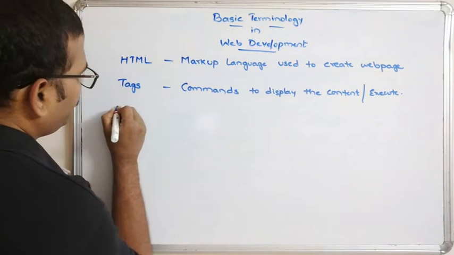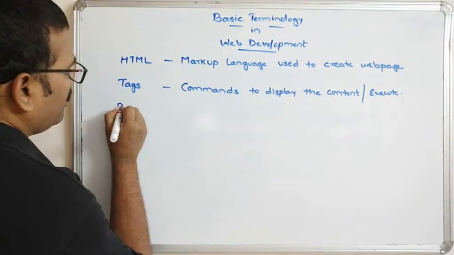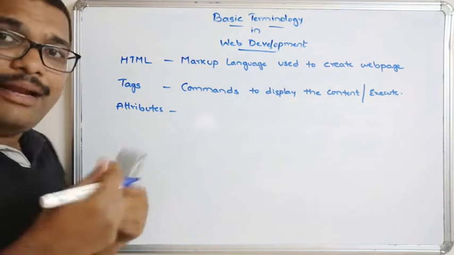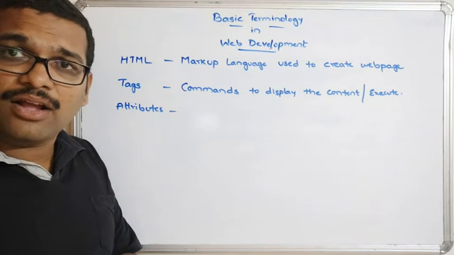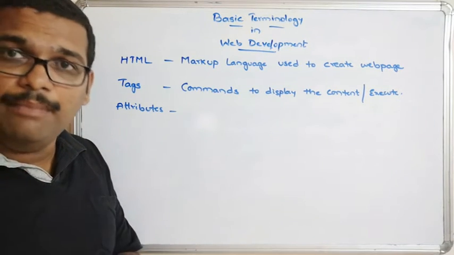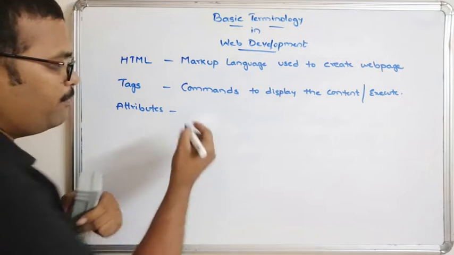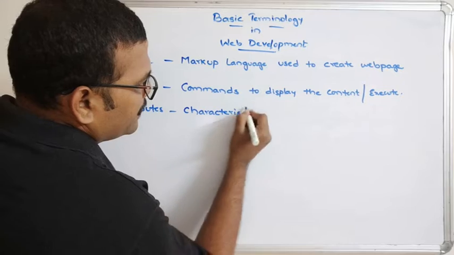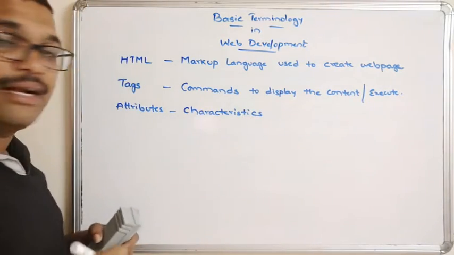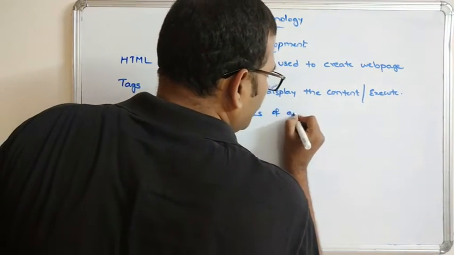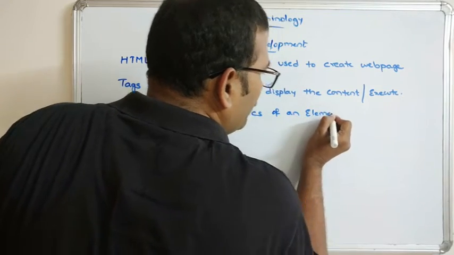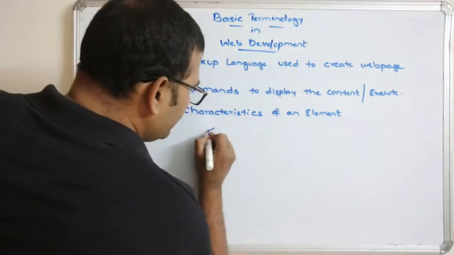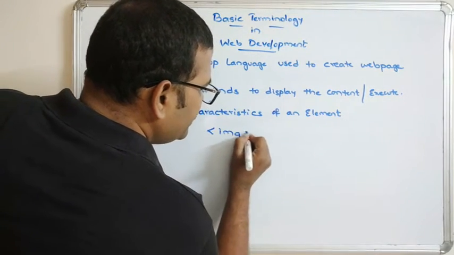Next, attributes. Attributes are nothing but, for every tag or every element, there will be a number of attributes. Attributes are nothing but characteristics of an element. For every tag, for every element, we have characteristics. For example, let us take the image tag.